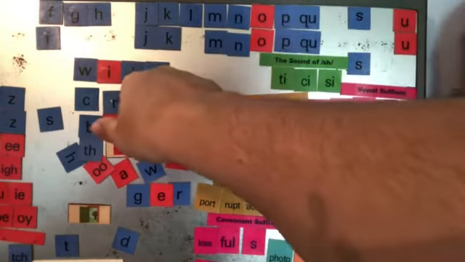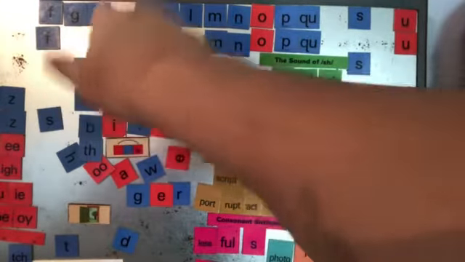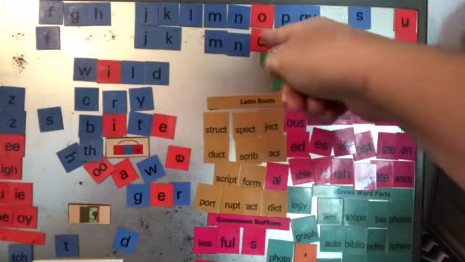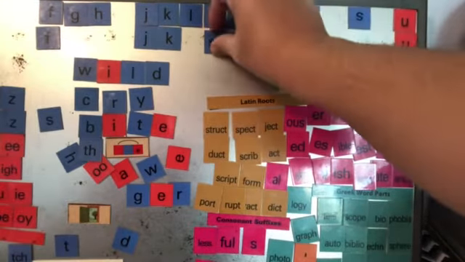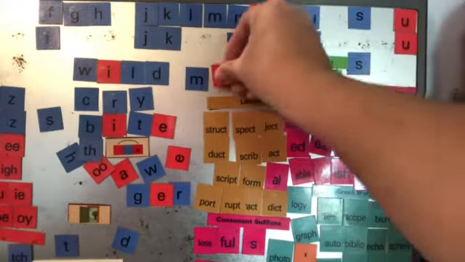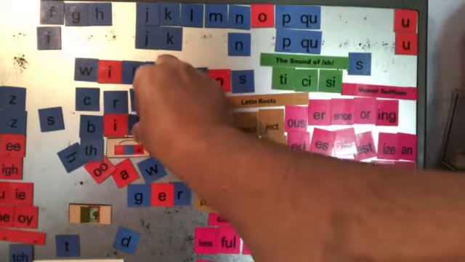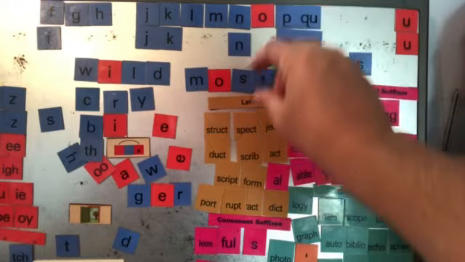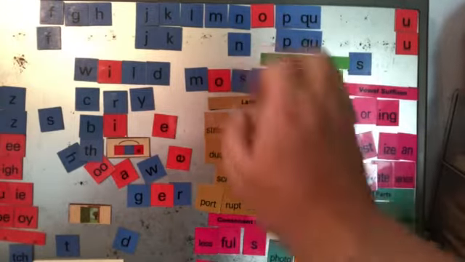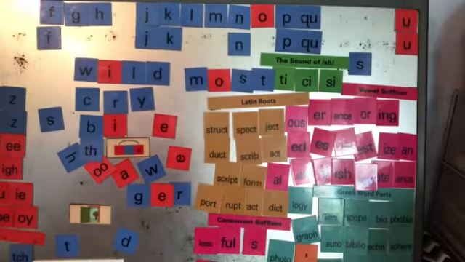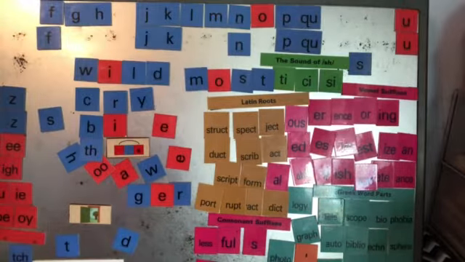Whenever it's followed by two consonants, the vowel makes its long sound. Another example, like with O, would be most. It's M-O-S and then a T. And as you can see, the O is long and it's followed by two consonants. So that's an example with ST. The only word on here is wild for your list.